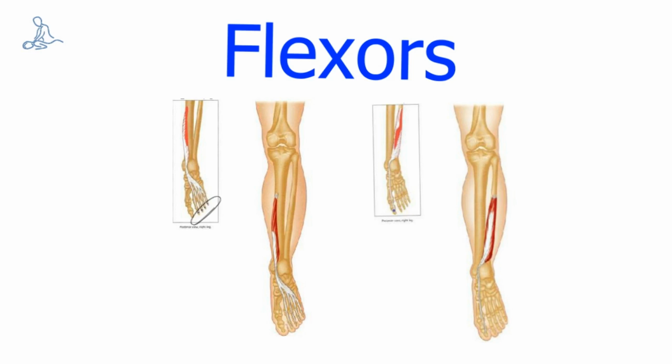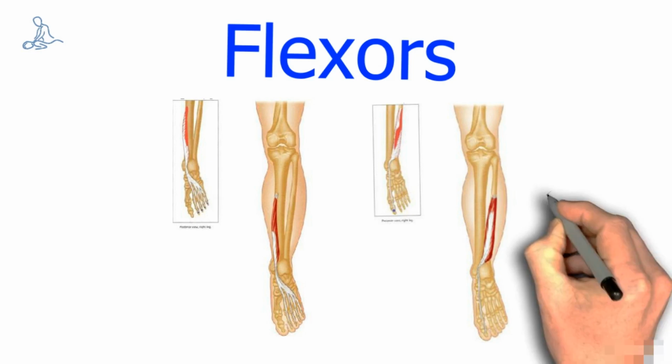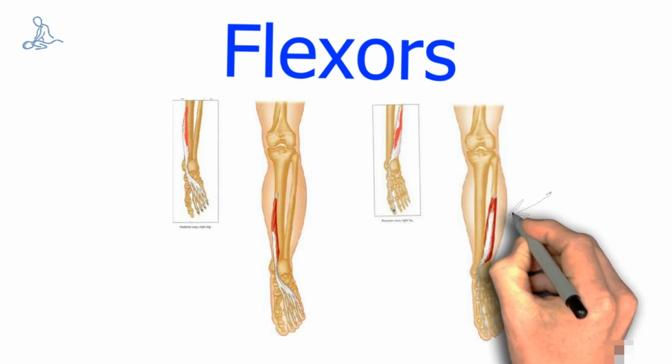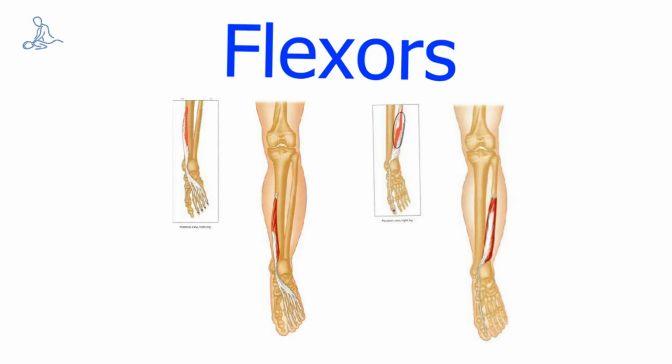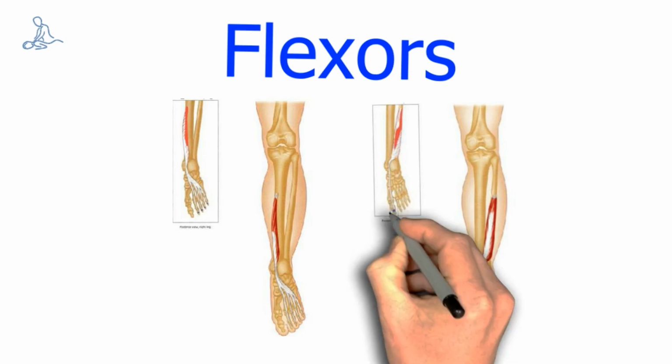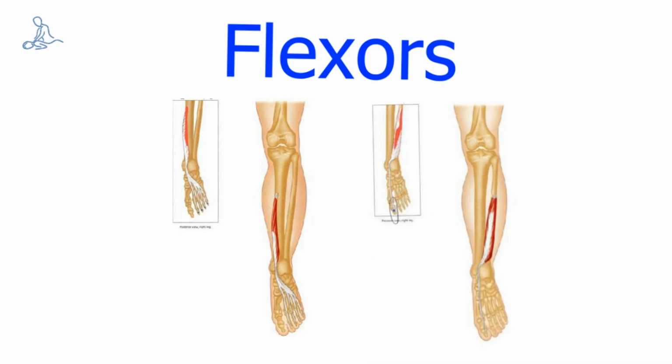Flexor hallucis longus. The origin of the flexor hallucis longus is the posterior fibula. The insertion of the flexor hallucis longus is the plantar surface of the big toe.